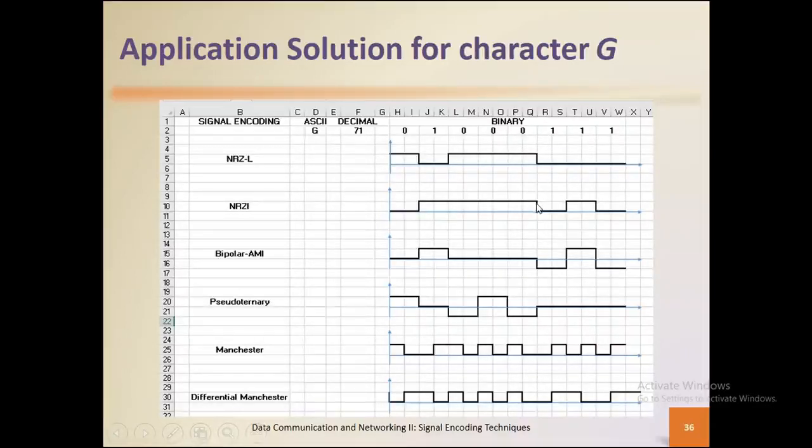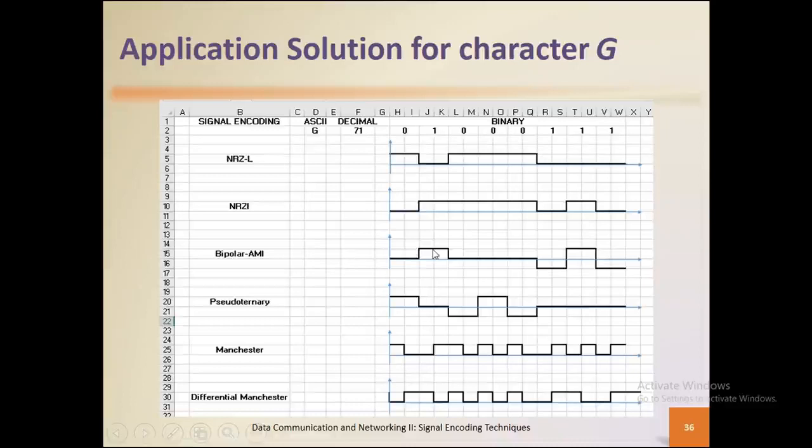So now a level voltage pulse, you have a 1 to 1, you transition again from a level to a high voltage pulse. 1 to 1 again, you transition again from a high voltage pulse to a low voltage pulse. So just apply the rules, and that should give you the signal representation for the non-return to zero inverted.